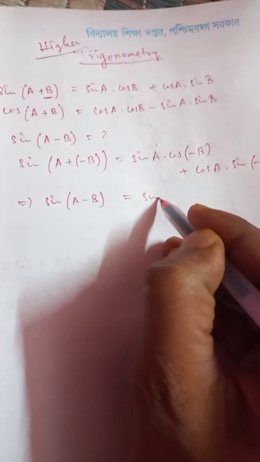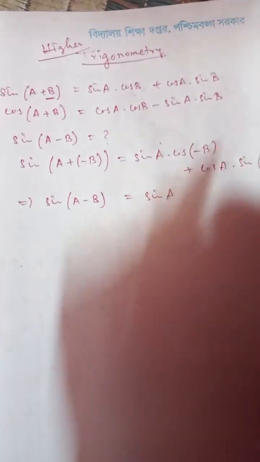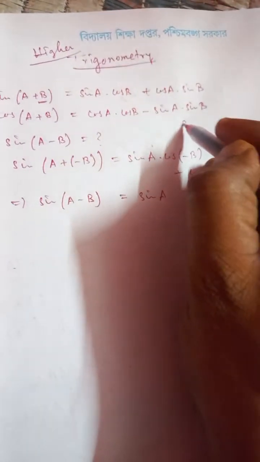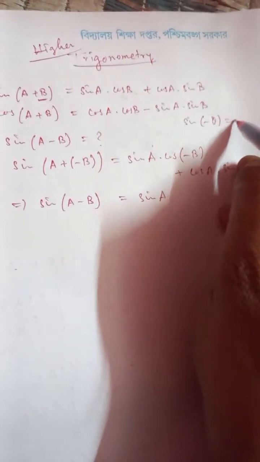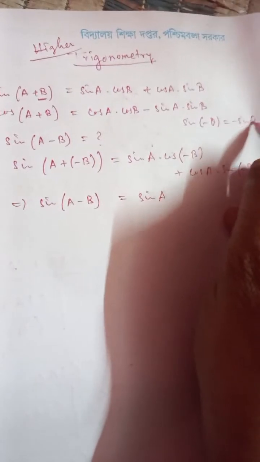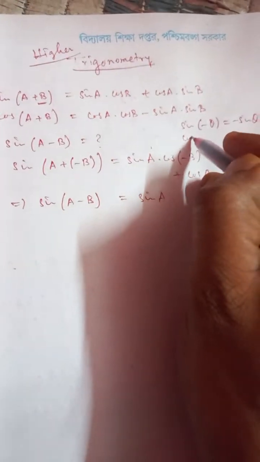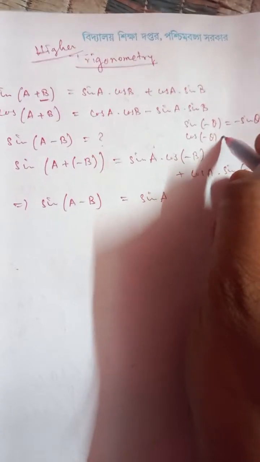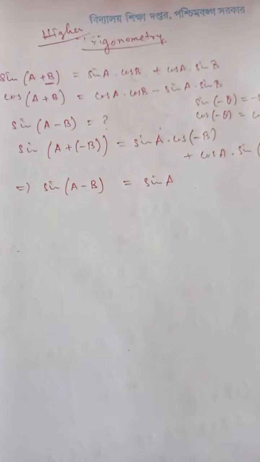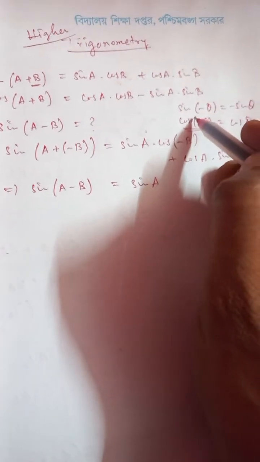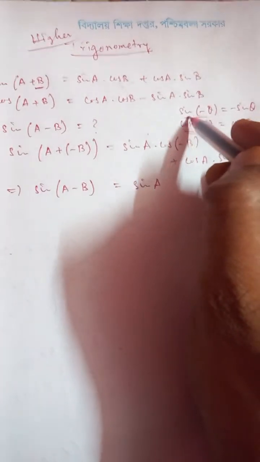sine A. We have to remember that sine minus theta is equal to minus sine theta, and cos minus theta is equal to cos theta, since in the fourth quadrant cos is positive and sine is negative, so that's why we will have this result.